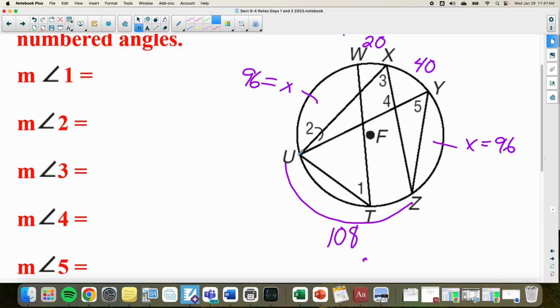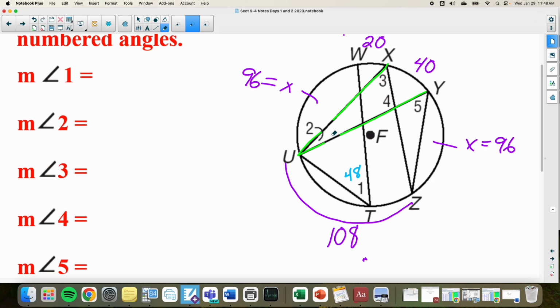Then let's look. Angle 1 right here intercepts a 96-degree arc. So what is that angle? It would be half of it, which is 48. Very good. Okay. The next one is asking us for angle 2. So angle 2 is right here, intercepts a 40-degree arc. So what would that be?